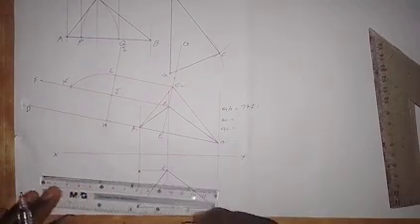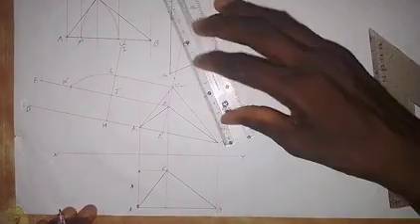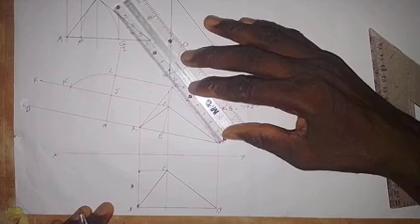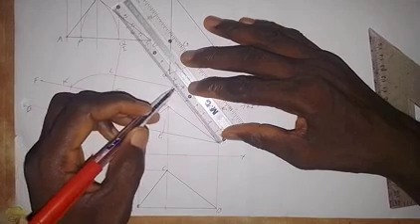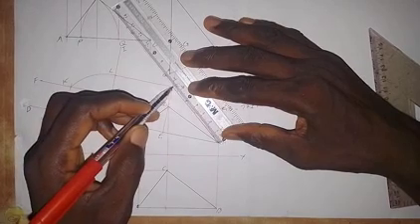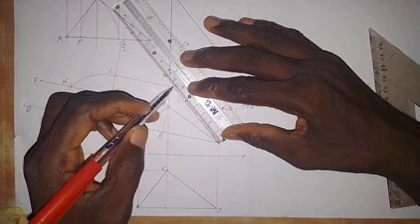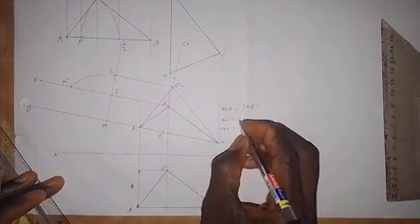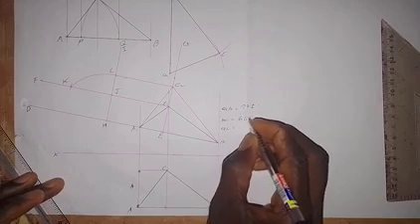Then let's take BC, that is B1C2. As I said, it is the true length of BC. If I take the distance from here to here, this is 66 millimeters. It is still okay. So I will write 66 millimeters plus or minus 1.